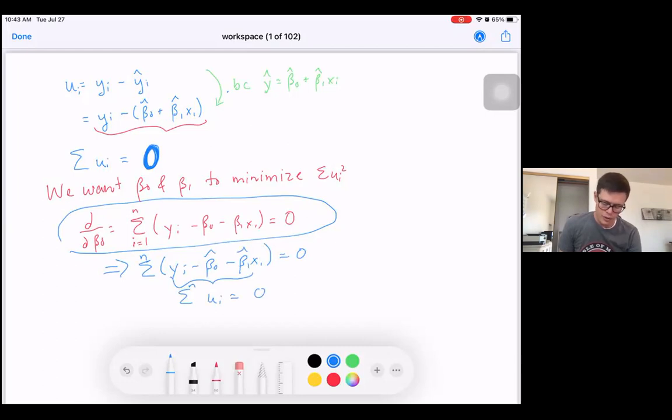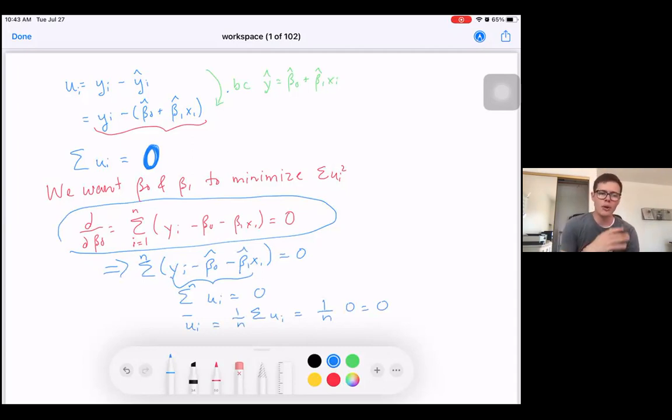If the sum of all the errors is equal to 0 and we want to know the average ui, well, 1 over n times the sum of ui is going to be 1 over n times 0, which is 0. So it's really the same question as before.